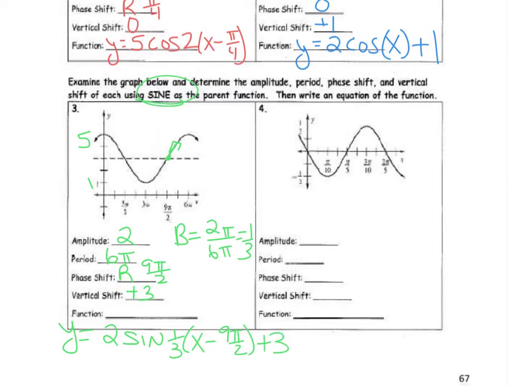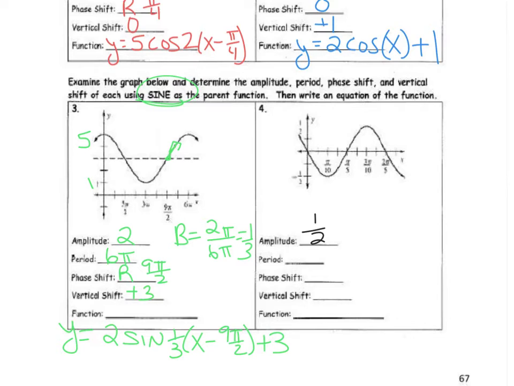And then lastly, for number 4, the amplitude is a half. If you look at that y scale, the minimum is at -1/2, and the maximum is at +1/2.